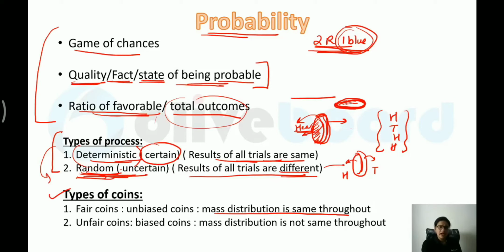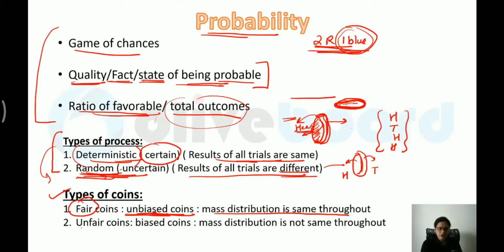Both the outputs should be equally possible, so it should be an unbiased coin. When you are talking about the fair coin, it is unbiased. Biased means you are putting extra weight like this. Unbiased means not biased, that means it is the normal coin. It is equally weighted on both sides, so the mass distribution is the same.